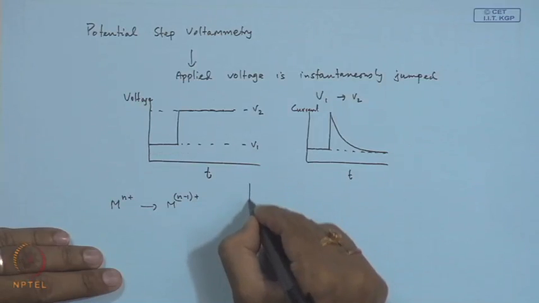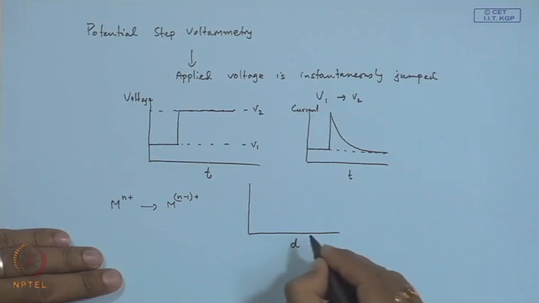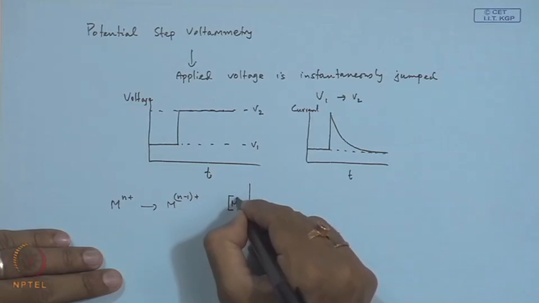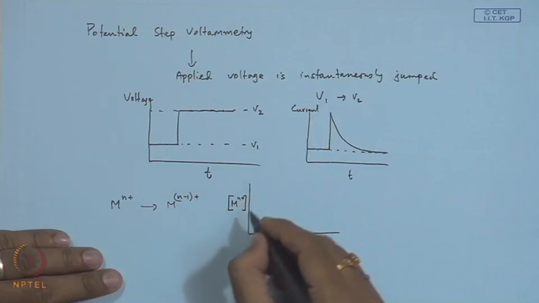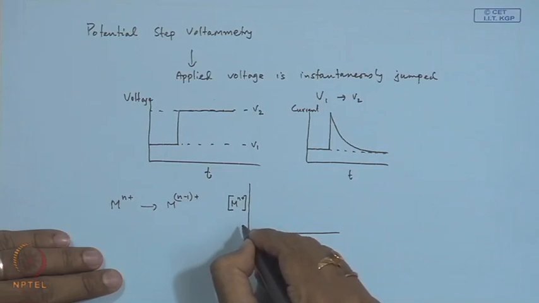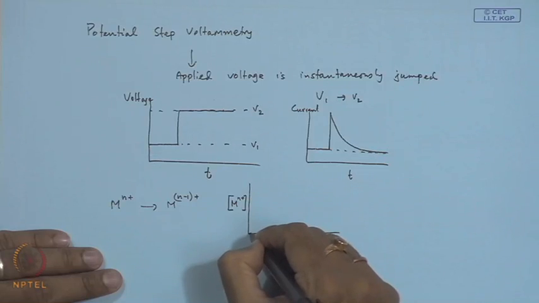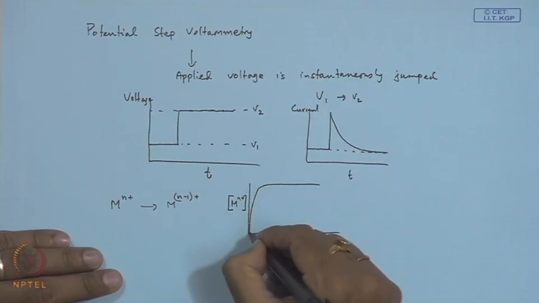With distance, this is your distance d, and this is your concentration of, say, M^n+ as a function of time. If you plot, it becomes something like this.